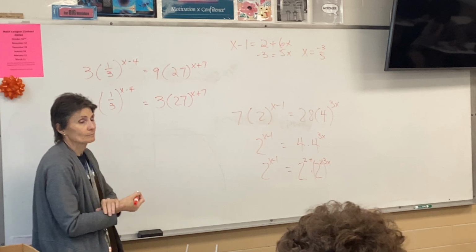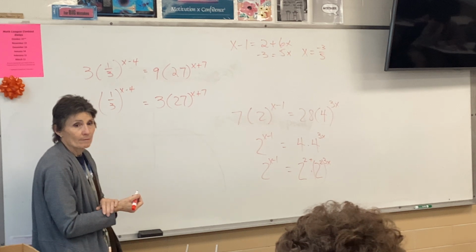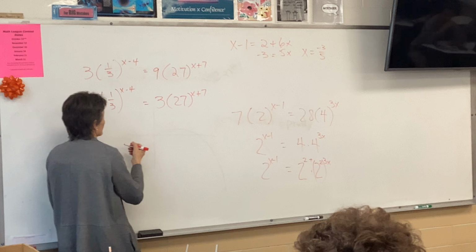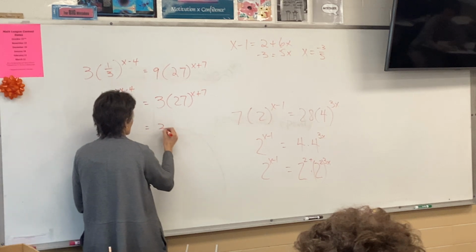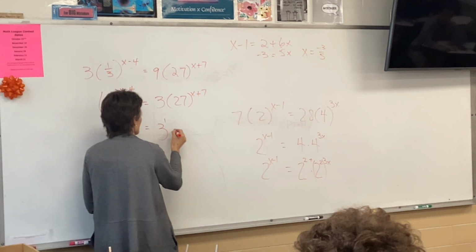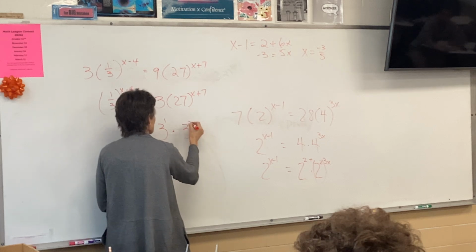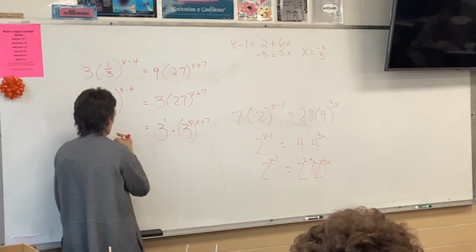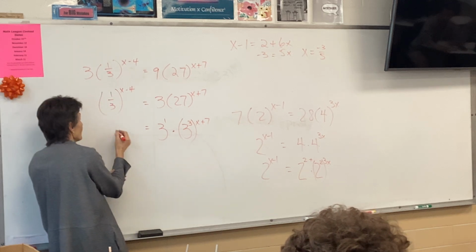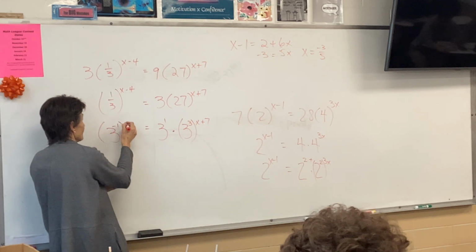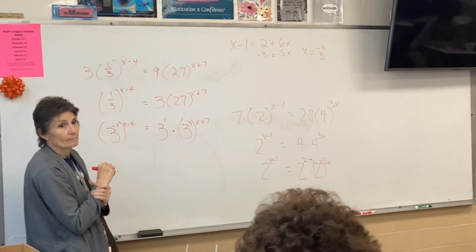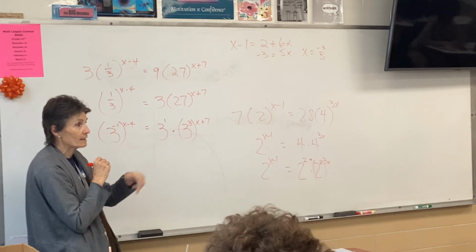And then you can break it down so that 3 times 3 squared to the x plus 7. So over here, this is 3 to the first times 3 cubed to the x plus 7. What's this? 3 to the negative first to the x minus 4. 1 over is a negative exponent, remember?